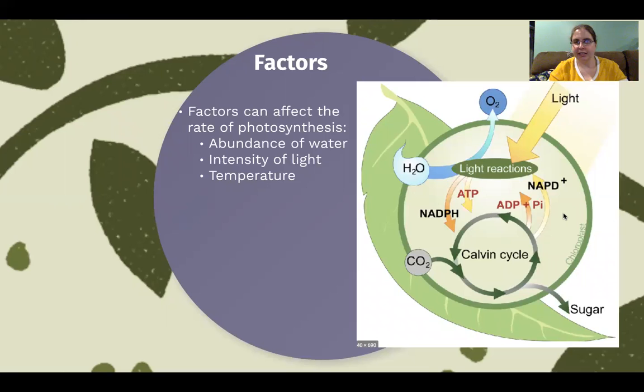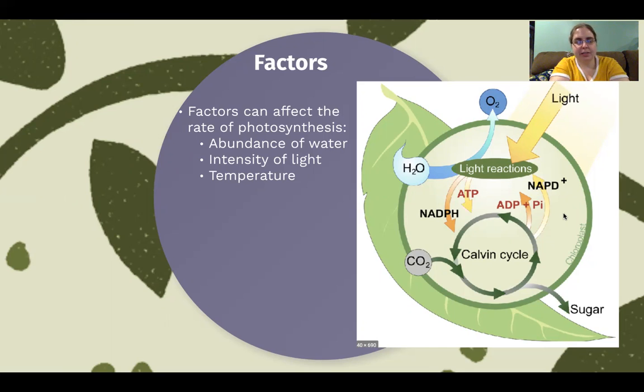The intensity of light. So what that means is how much light is actually reaching the leaves where photosynthesis occurs. If there's a lot of light, or a stronger intensity of light, then the plant can keep doing photosynthesis over and over.